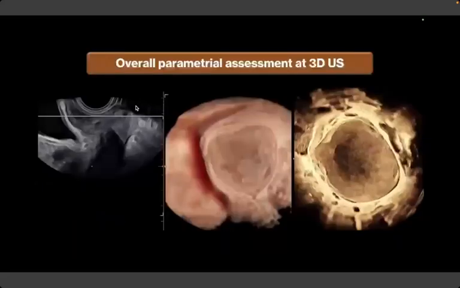We can also assess parametrial infiltration using 3D ultrasound, making a cut perpendicular to the craniocaudal axis of the cervix and navigating through the volume. This provides a very similar assessment to that performed by the radiologist with MRI.